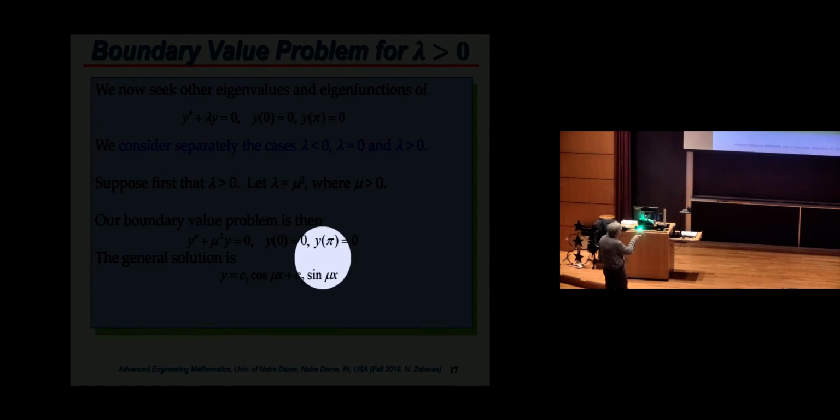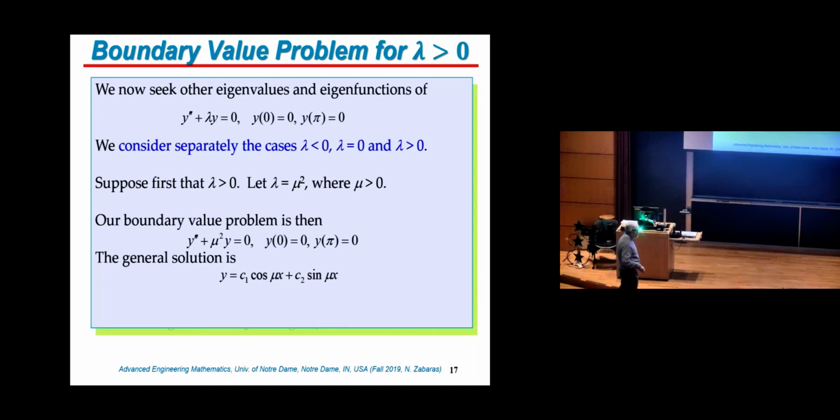Now, we need to satisfy y at pi equal to 0. So sine of mu pi has to be equal to 0. When is sine of mu pi equal to 0? What does mu pi need to be? Sounds good.